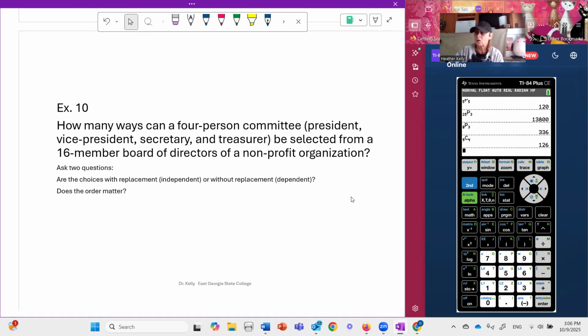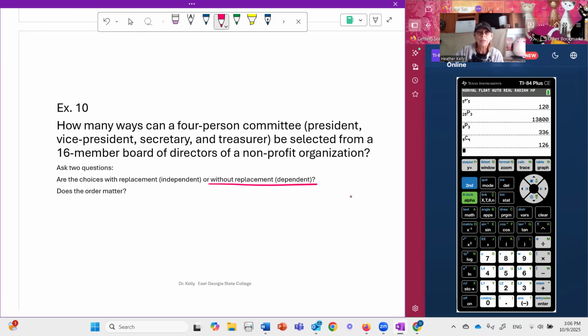Okay, so we're going to ask our 2 questions. Are these choices with replacement or without? Well, no one can hold both the secretary and the vice president position. So we're looking for 4 individual people. So this is definitely without replacement.